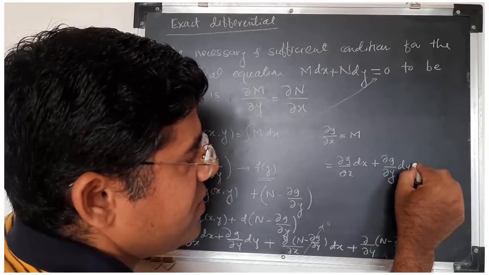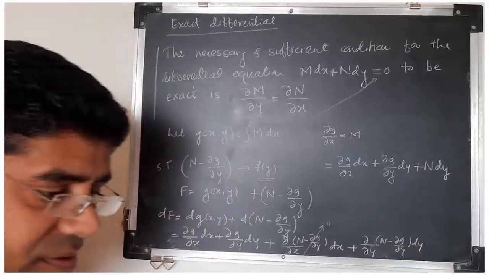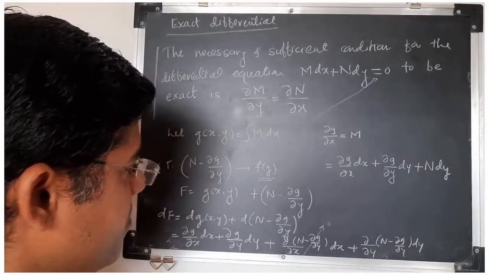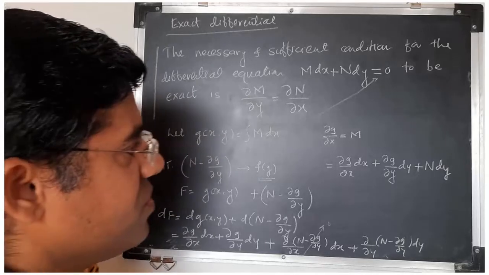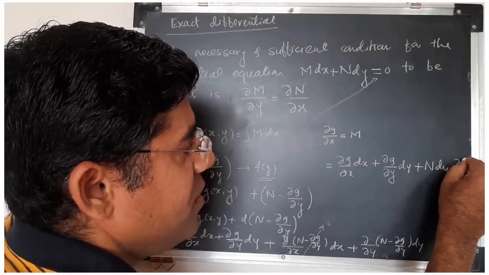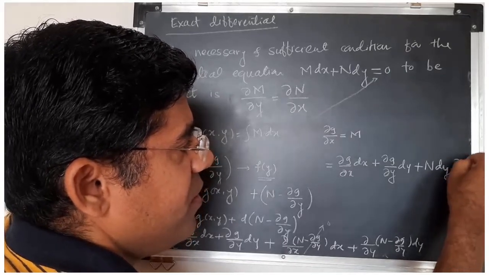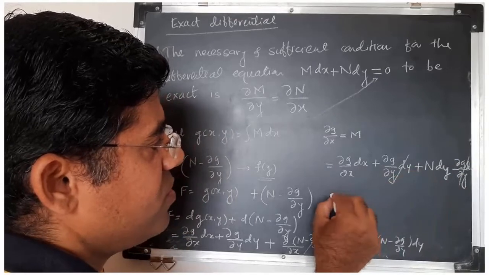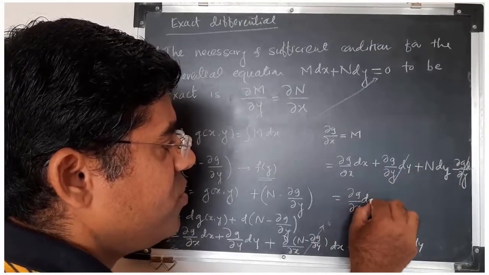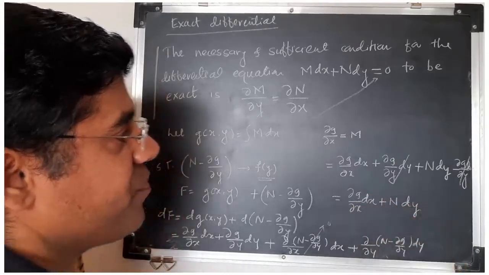So that is plus N times dy, minus ∂g/∂y into dy. Again this will be cancelled, so what remains here is ∂g/∂x into dx plus N times dy.